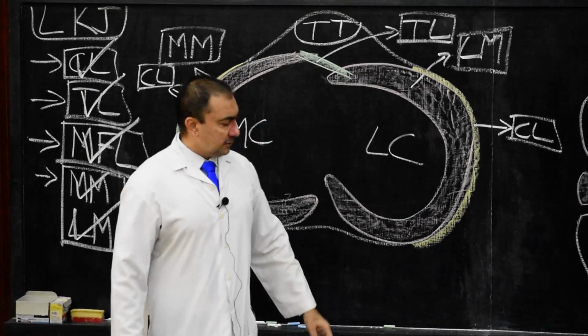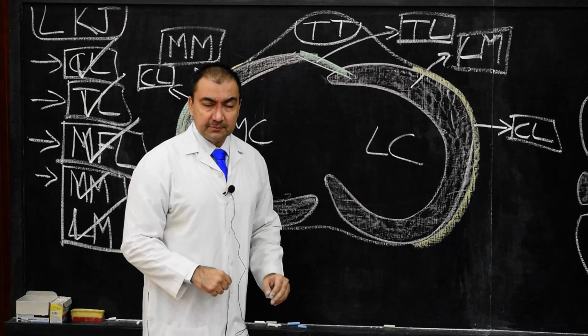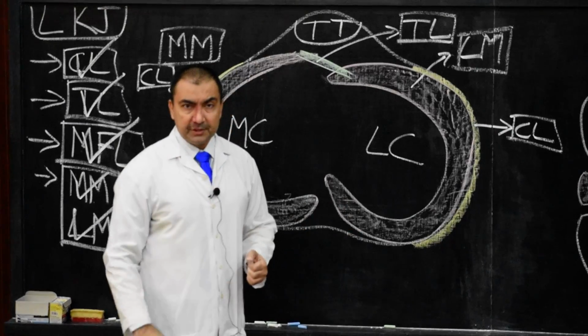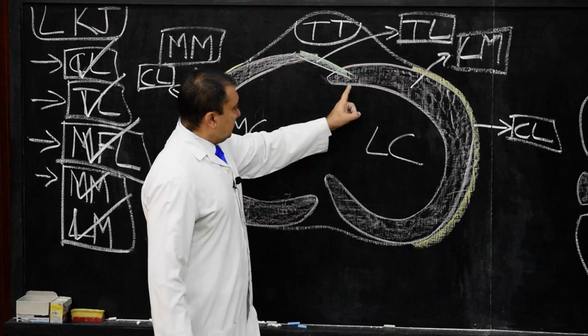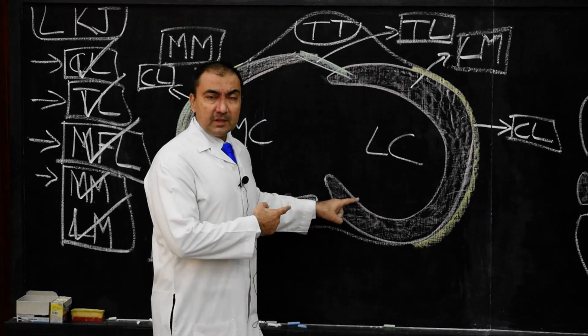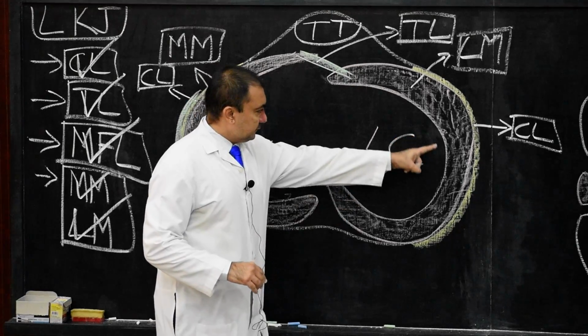So the posterior horn of lateral meniscus will be connected with anterior and posterior meniscofemoral ligaments for the forward gliding of the lateral meniscus during the extension of the knee joint.